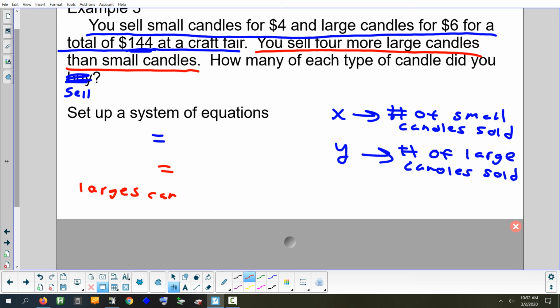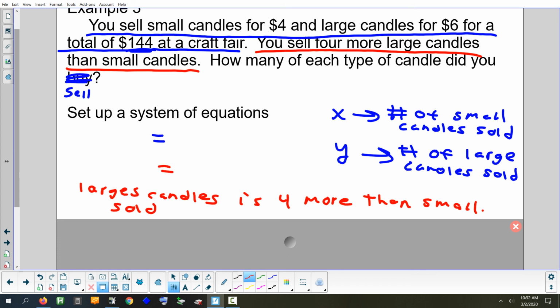Large candles sold is 4 more than small candles sold. It's the same sentence, I just worded it a little differently.